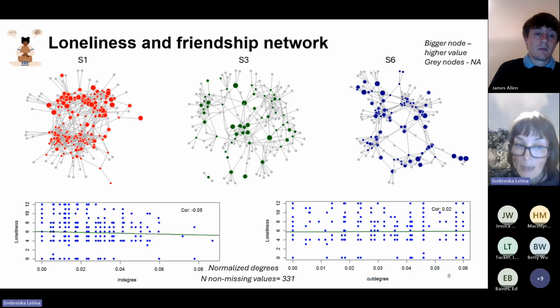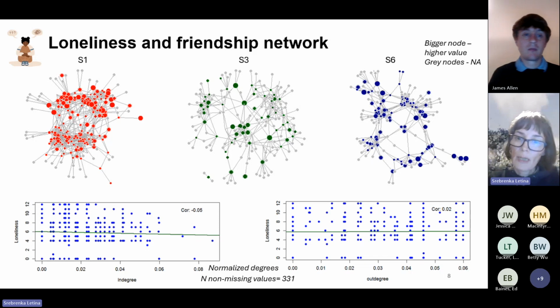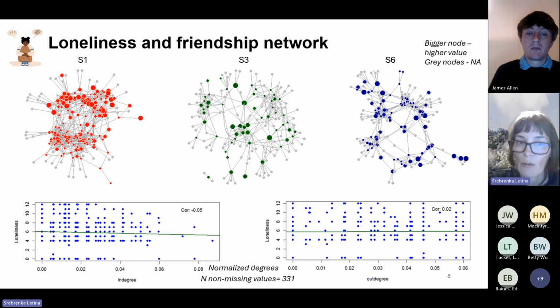There seems to be a negative one. So that means that you're less likely to be nominated as a friend the more lonely you are, which makes sense. Bear in mind that this is normalized in degree values so that we can actually compare those networks of different sizes and put them together. For out degree, you can see that there is basically no relationship with loneliness.